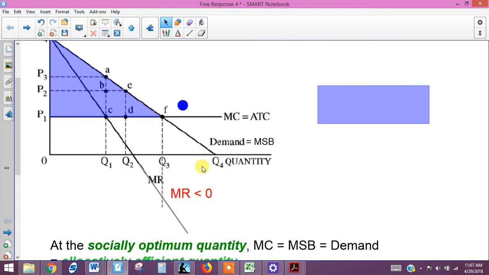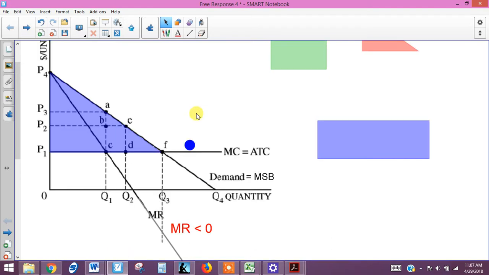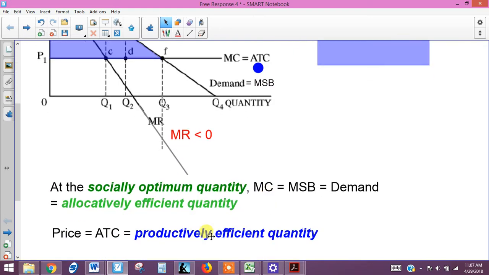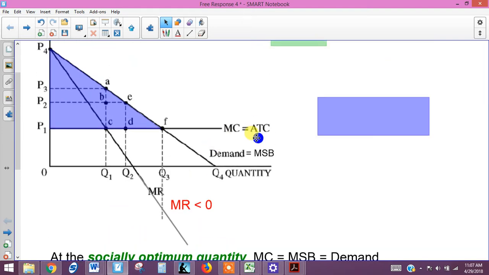Now, I also want to point out that in this model, marginal cost equals average total cost. If we were asked, which we're not, what point is productively efficient, we would say it would be the same, because it's where average total cost equals price, which is this point right here on the demand curve.